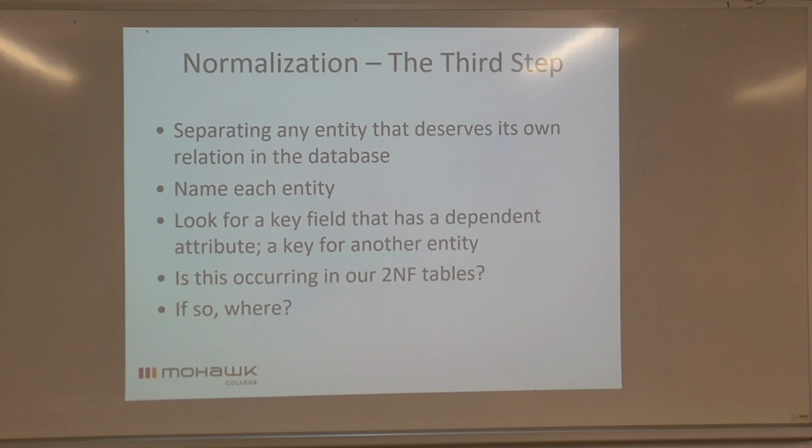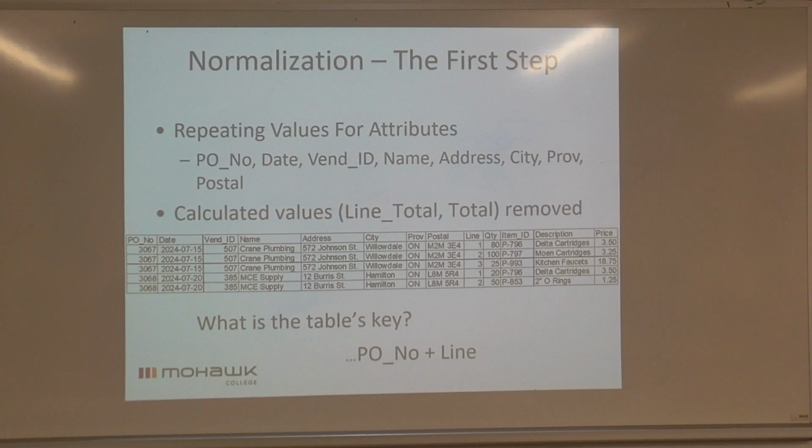What's date dependent on? Well, all of these are dependent on the purchase order number, right? The question is, is the date of the purchase order dependent on any of these other guys? I would say vendor ID. You can't have a date unless you have a vendor ID, unless you have a vendor making a purchase.